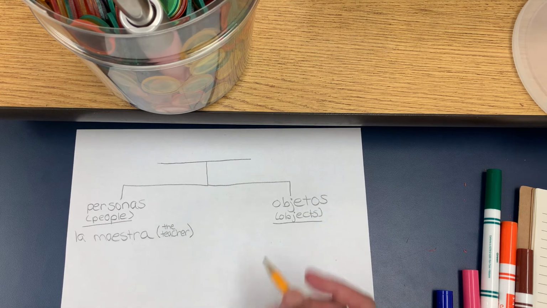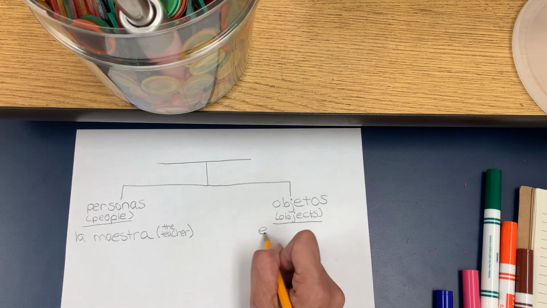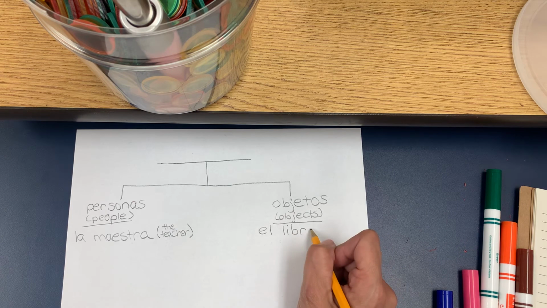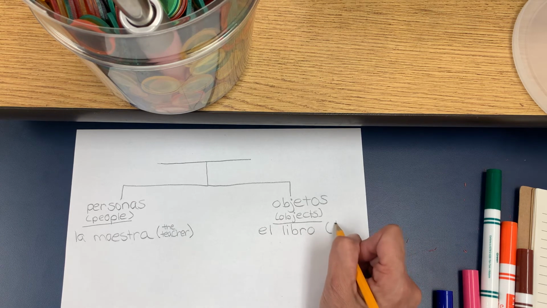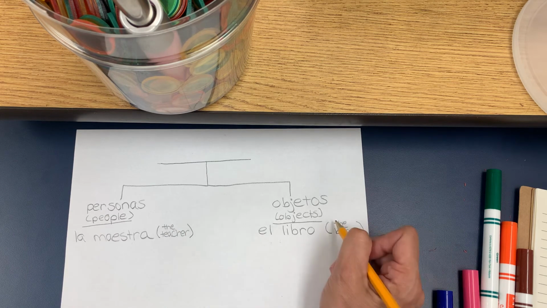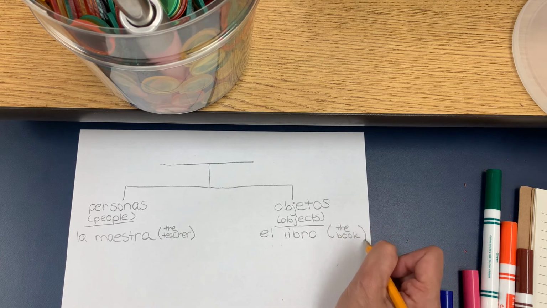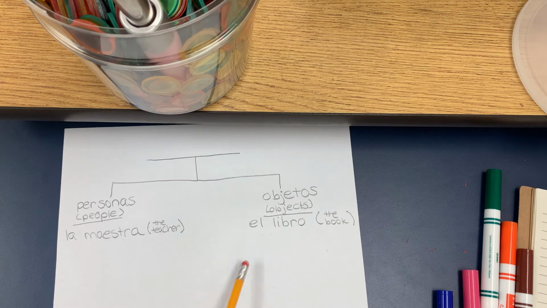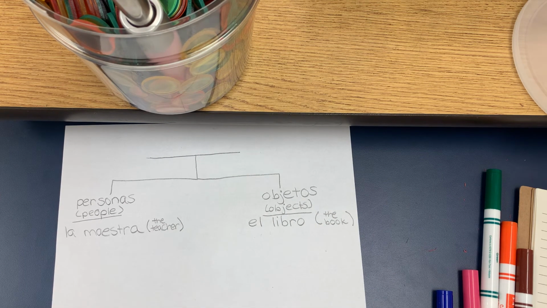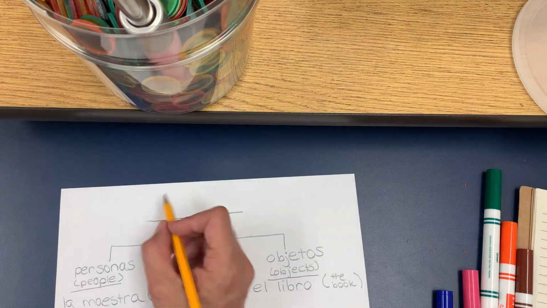Okay, and on this side, el libro, the book. All of these are in the assignment for this. So you'll have all your vocabulary there and what they mean. So you can do it this way.